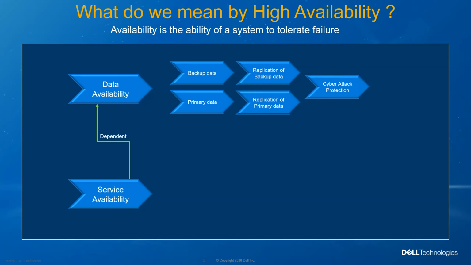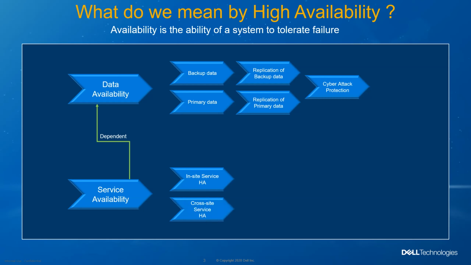And as you can see, data HA or data high availability can stand alone. You don't need any service availability for that. However, service availability is totally dependent on data availability and can be provided in two forms: in-site service availability or cross-site service availability.